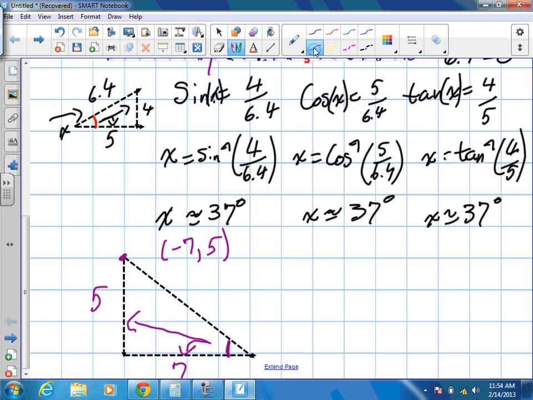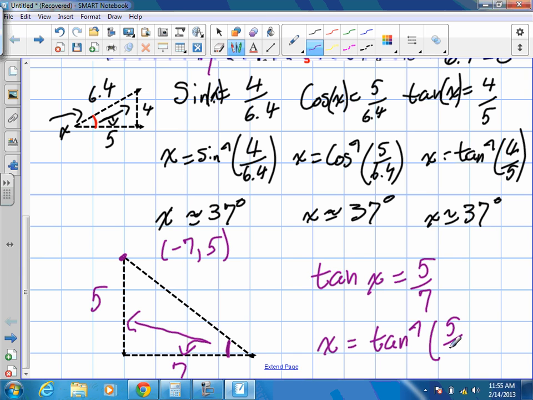Okay? So tangent x, we'll call it again, is equal to opposite, which is 5, divided by 7. X is equal to tan inverse of 5 divided by 7.